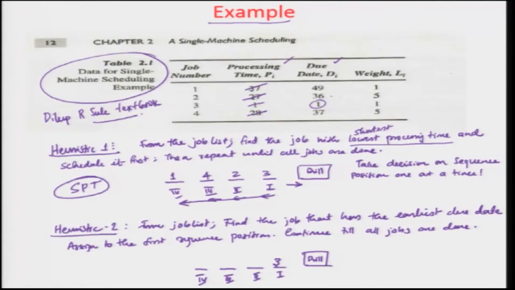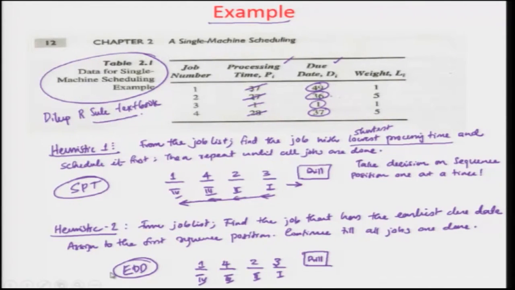Then the next one we think about is 36, so that is job 2. Then job 4, and then we get to job 1. In this particular case, the sequence of this heuristic is called earliest due date.